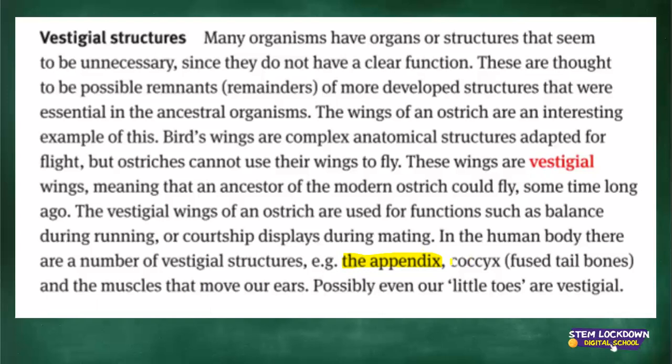The coccyx as well, which is the fused tailbones, the muscles that move our ears, and possibly even our little toes are vestigial. So we can study different organisms and look at which features are vestigial in them. It's basically features they have but don't really use, so it's suspected that they belonged to their ancestors.